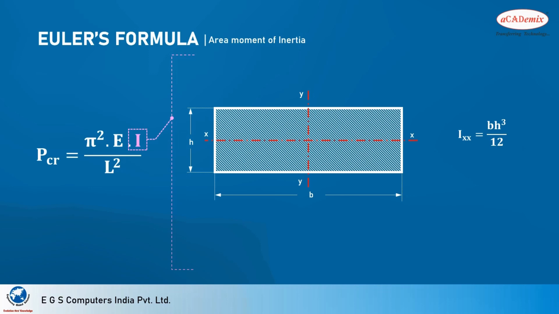Similarly, the area moment of inertia about y-axis is b cubed h by 12. From the equation itself, it is clear that the value of Ixx is smaller than Iyy. As per the design criteria, we must choose the smallest I value for the calculation.